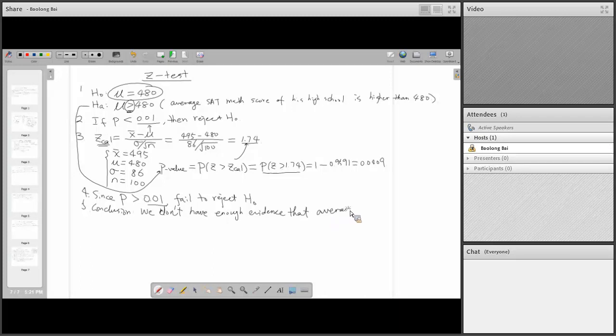That the average SAT math score of all his high school students is higher than 480.